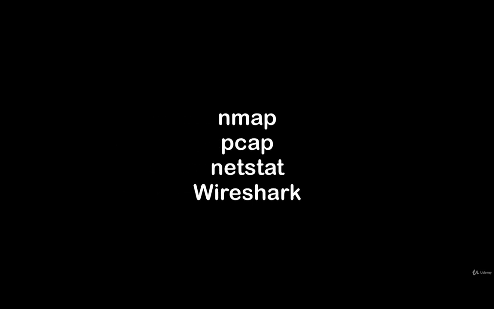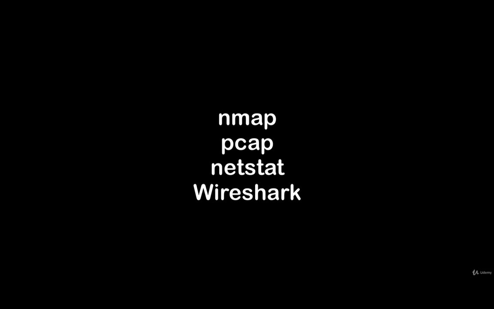And here are some of the tools that we use for network traffic analysis. Nmap is something we talk about in a different part of the course. It's short for network mapper. There's also something called PCAP, which we use to capture packets. That's literally writing down the packets that are going from one source to another on the network, whether it's all the packets or filtered by specific items, like the port number.